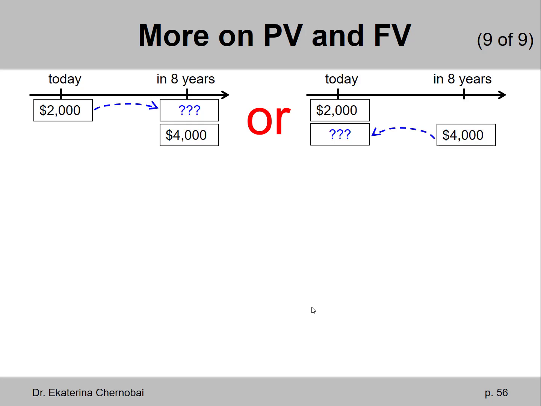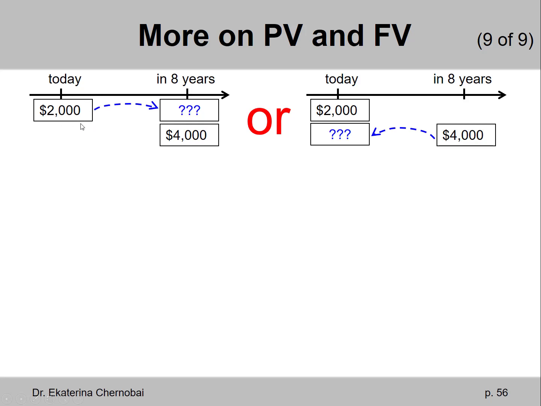You need to pick between the present value and the future value. You can solve it 2 different ways. You can either compare future values of the 2 options you're looking at, or you can instead compare their present values. So let's look at the first method.